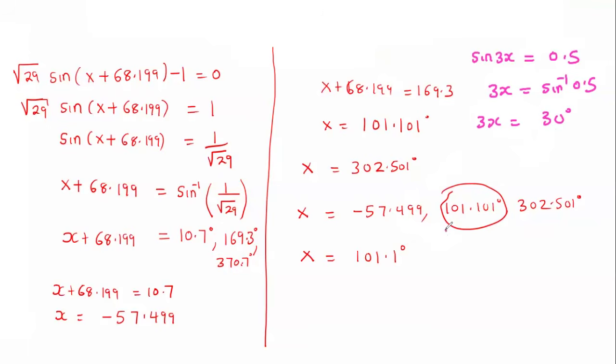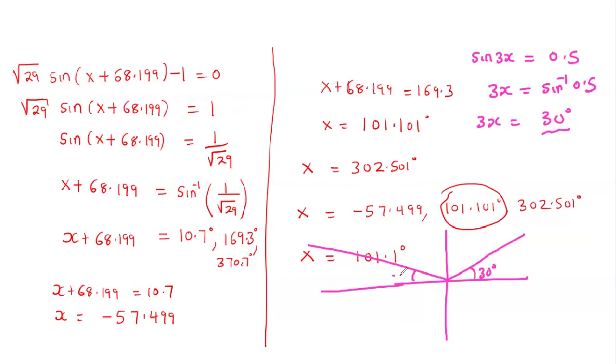Now you come to your quadrants. Because 0.5 is positive, sine is positive in the first quadrant and in the second quadrant. The first angle you get here is what you call the reference angle. So you place it here that this is 30. Now the next thing is to obtain all other angles that give you sine as 0.5. You start moving.